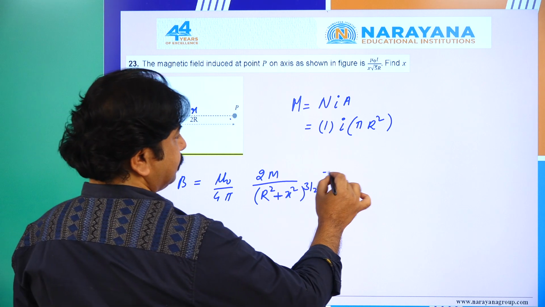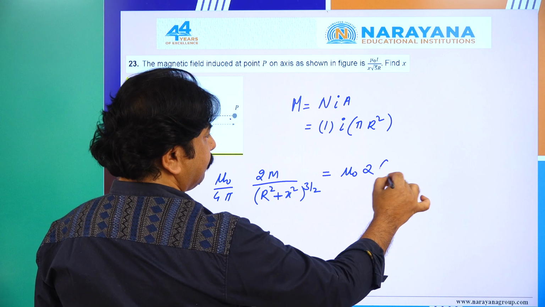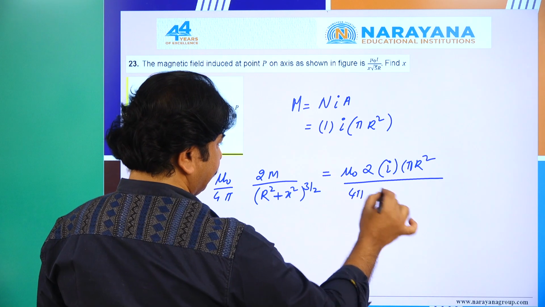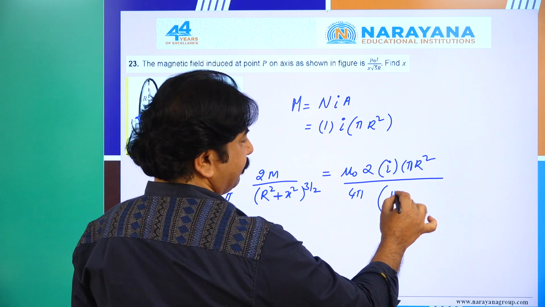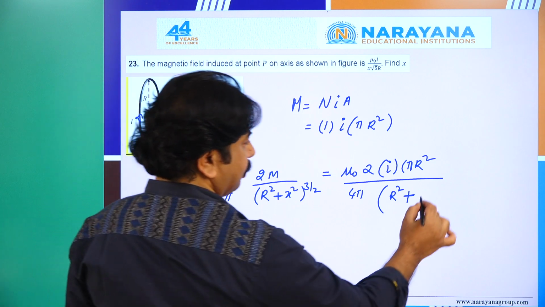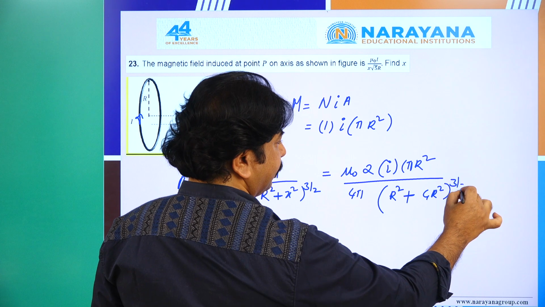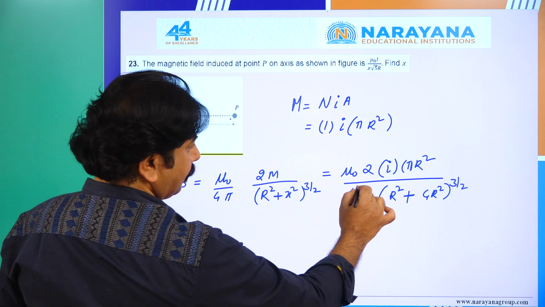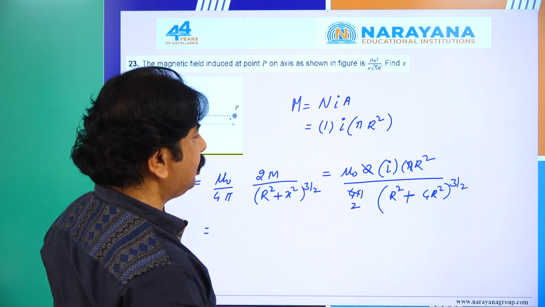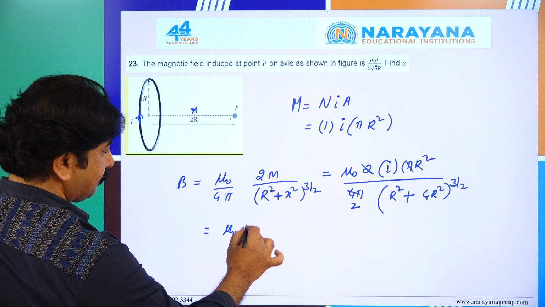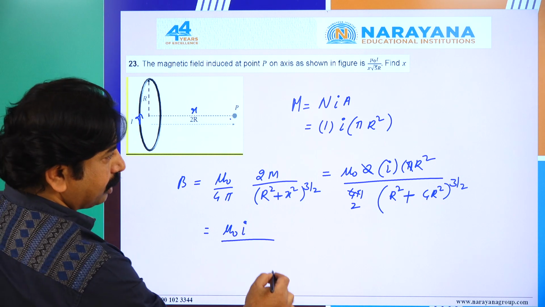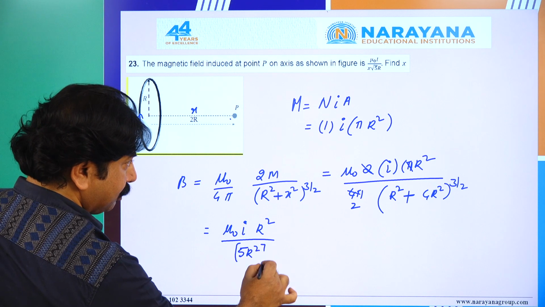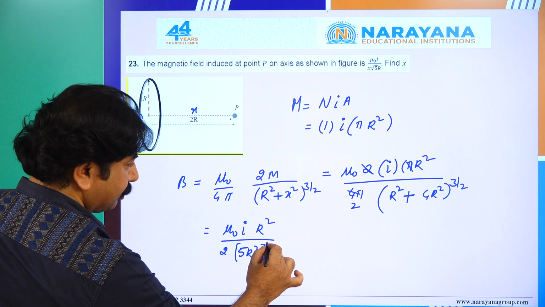So we are writing this as mu naught into 2 into I into pi r square by 4 pi into r square plus x square whole to the power of 3 by 2, where r square plus x square is nothing but 5r square. So it becomes mu naught I into r square by 2 into 5r square whole to the power of 3 by 2.